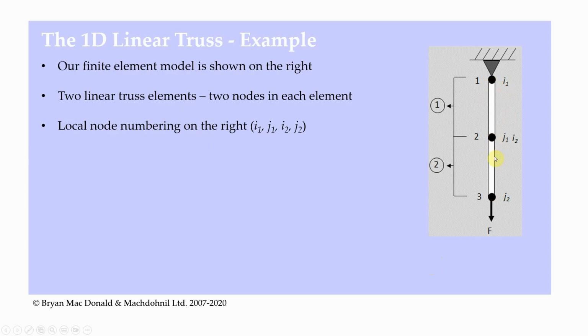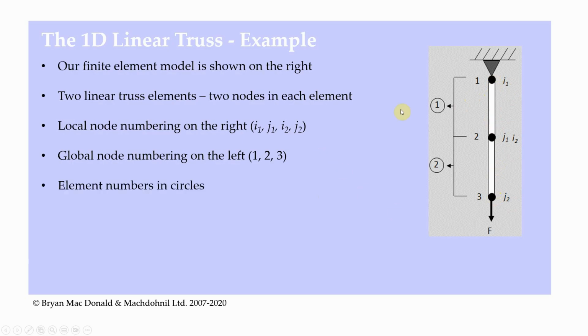Whereas for the next element down here, its I is there and its J is there, I2 and J2. So node 2 is the J node for the first element and the I node for the second element. That's what we're trying to say by the numbering on the right. The global node numbering is on the left, where we're just going to call the nodes 1, 2, and 3. And the element numbers are out here.